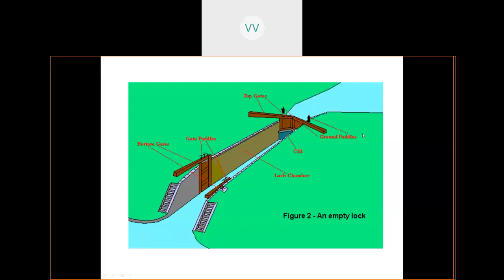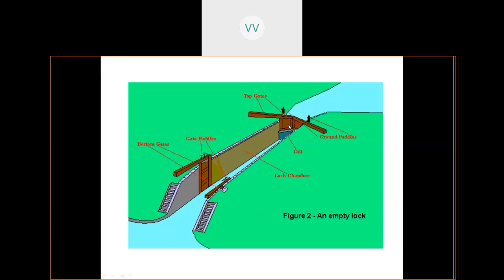Again here on the upstream side you have the ground paddles, and this is in the locking condition. This is the lock chamber completely between the upstream gate and the downstream gate. Each lock gate contains a pair of gates.